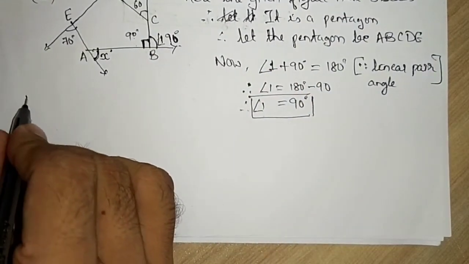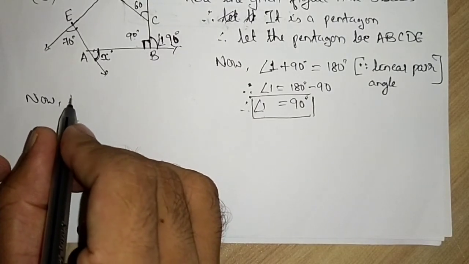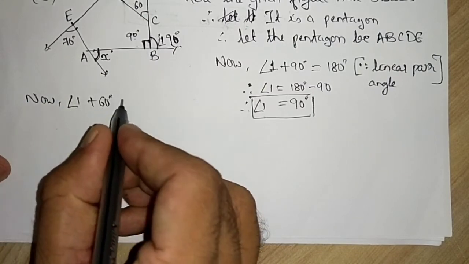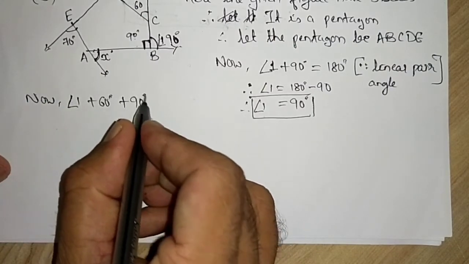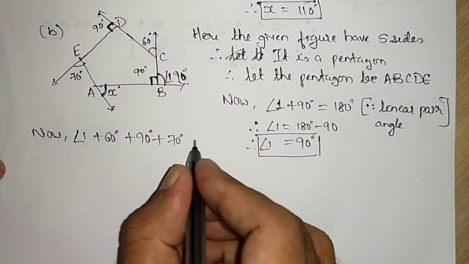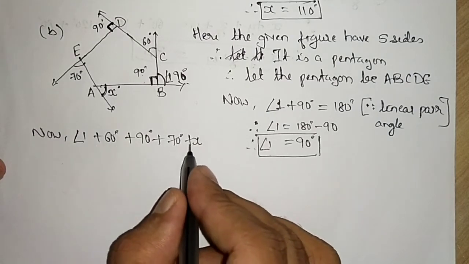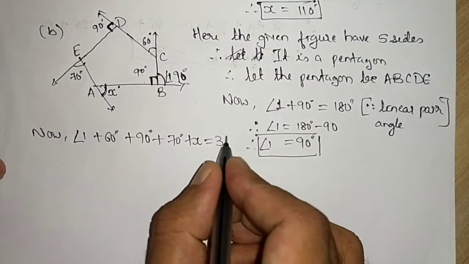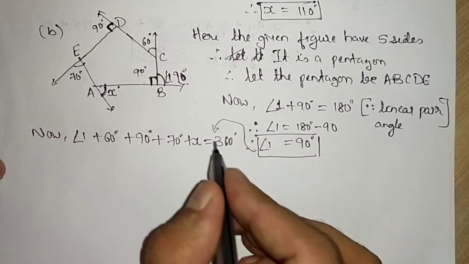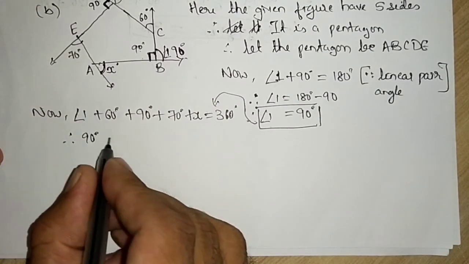Now we will write, measure of angle 1 plus 60 degree plus 90 degree plus 70 degree plus x, 1, 2, 3, 4 and 5, is equal to 360 degree. And what is angle 1? 1 is also 90 degree.